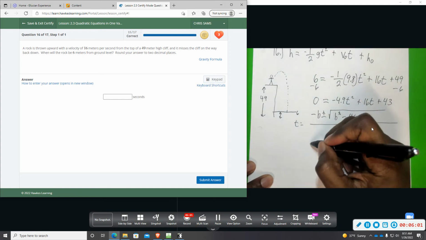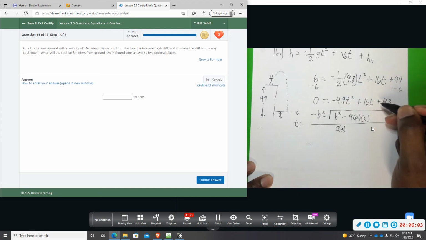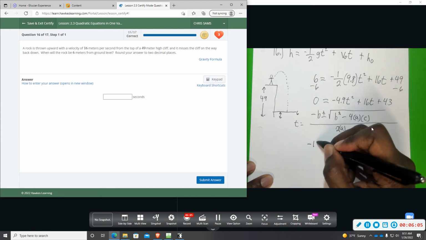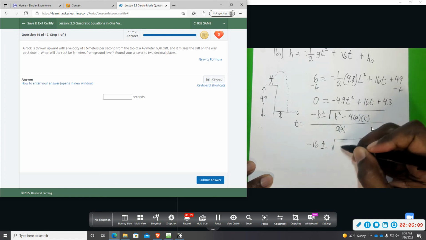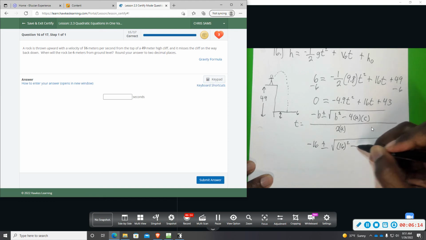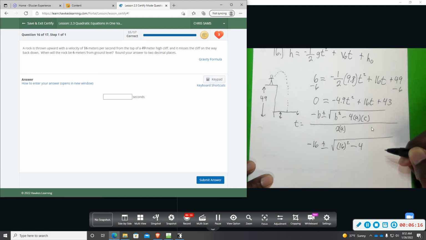Alright, so I'm going to plug everything in. Negative b. So we have a negative, but b is 16. So it's going to be 16 plus or minus the square root of b squared. So it's going to be 16 squared minus 4 times a, which is a negative 4.9, times c, which is 43.